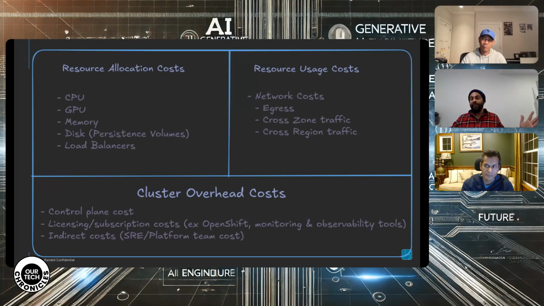And it scales. But as soon as that node gets attached to your cluster, that's why it's allocation, because from that moment onwards, whether you use it or not, you're going to get charged for it, right? So it's important to understand the difference between the allocation cost and the usage cost.